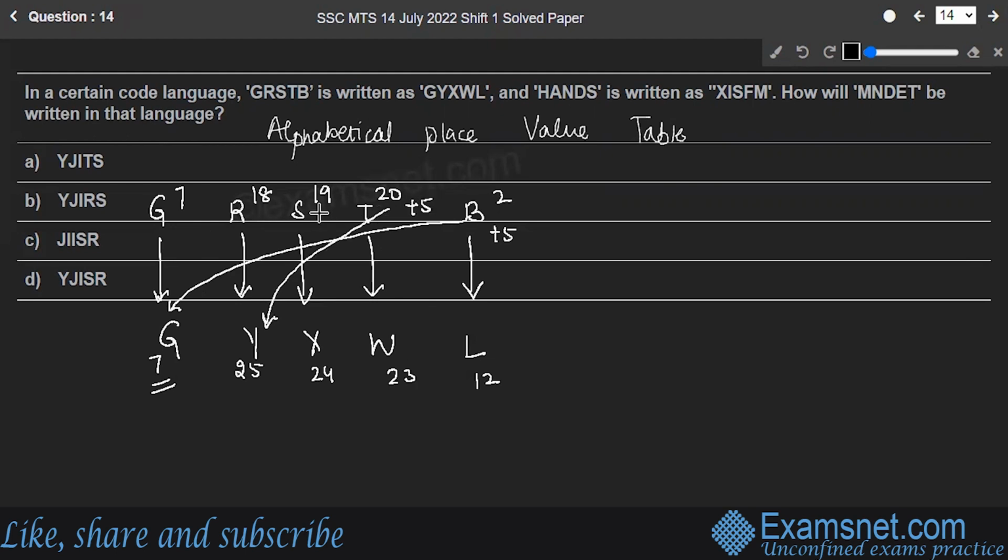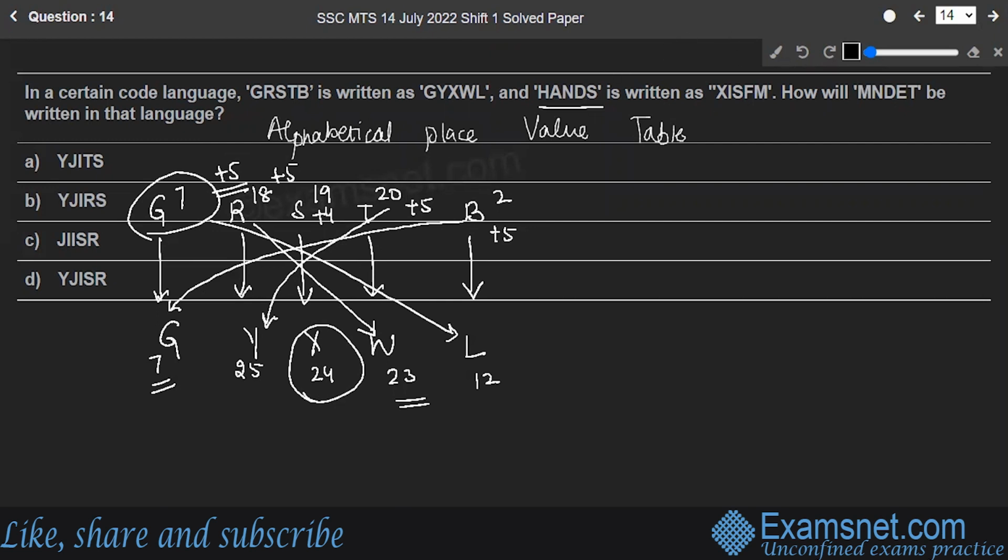Are you getting this? 19 plus 5 gives you 24. 18 plus 5 gives you 23. So zigzag. And 7 plus 5 gives you 12. Actually I put down the vertical lines initially, and that is creating a bit of chaos. I will redo this in the shape of HANDS.